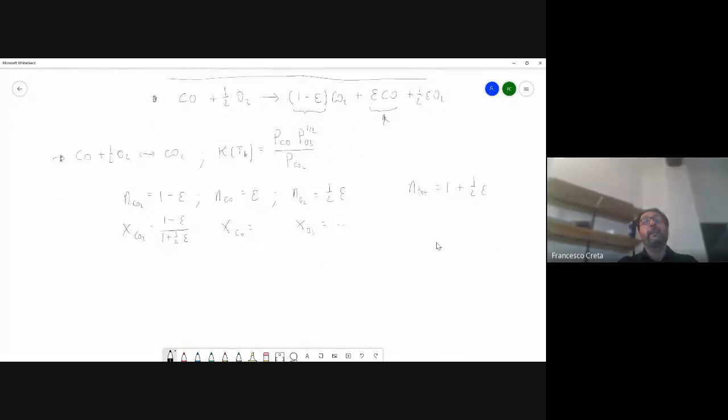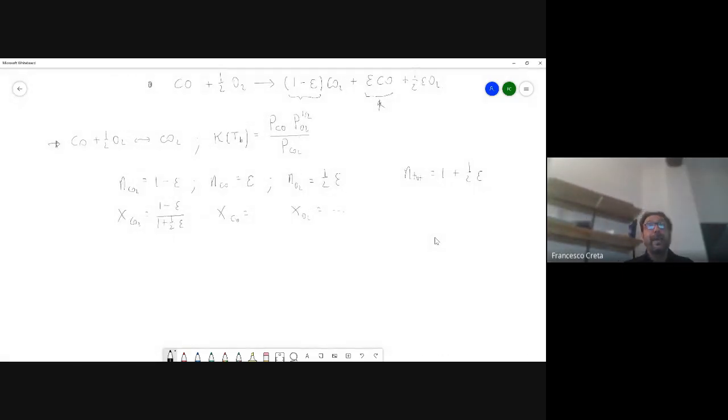So take now this expression and let's use it with an epsilon amount of dissociation. I will be very rapid here. Let's skip some steps, you can see them in the notes. Very straightforward.